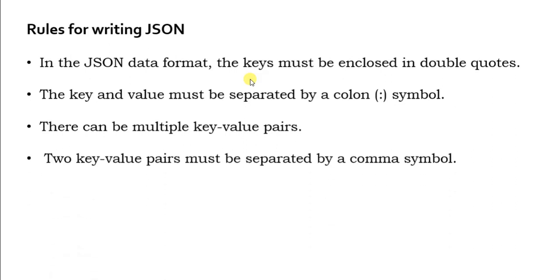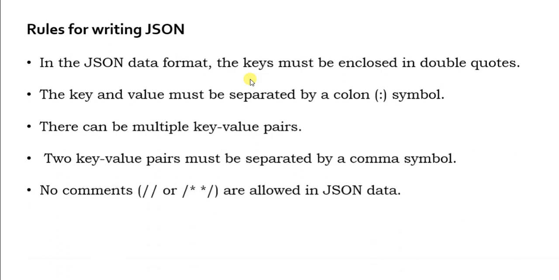Two key value pairs must be separated by a comma symbol. Whenever we write a comma, it represents another object or another key value pair. No comments are allowed in JSON data. So these are the main rules you have to follow while writing the JSON format.